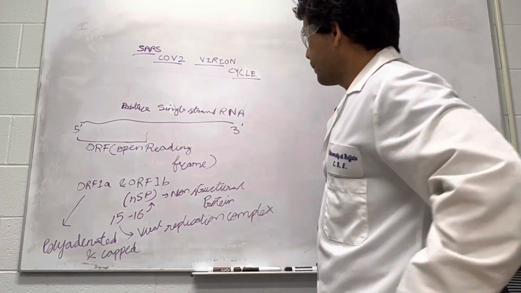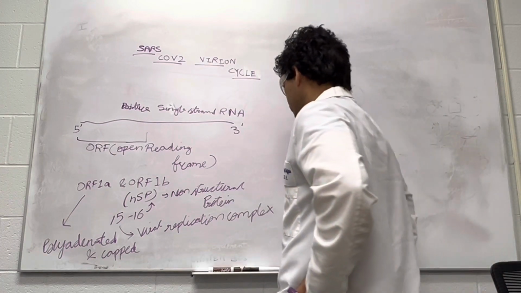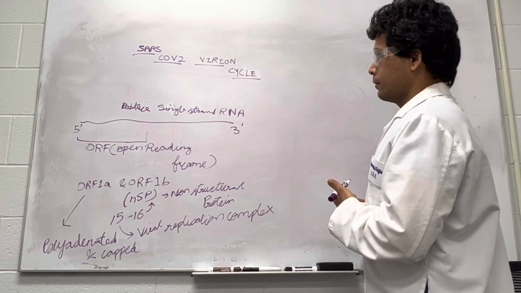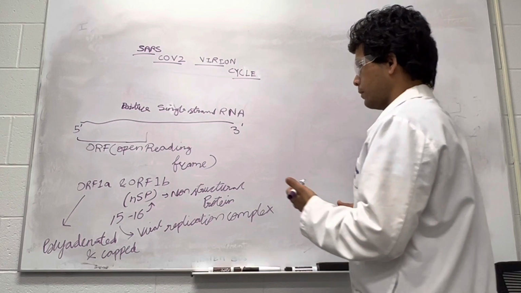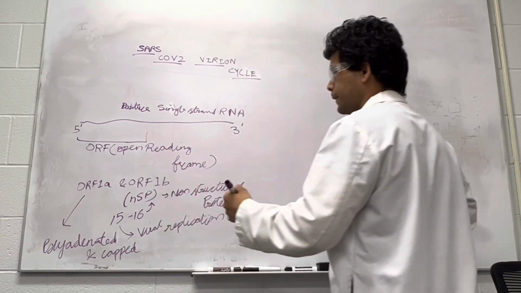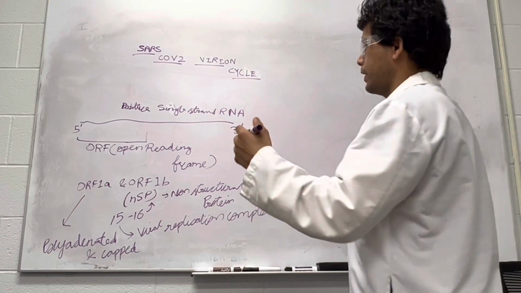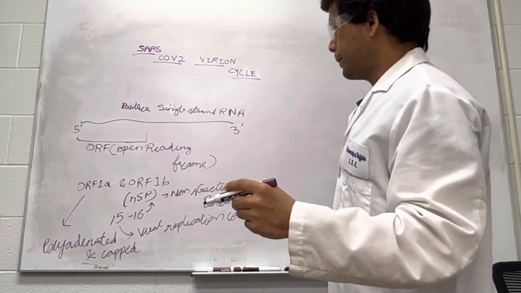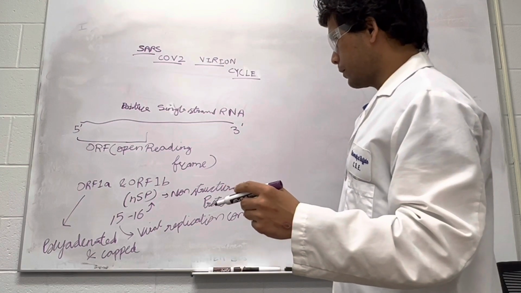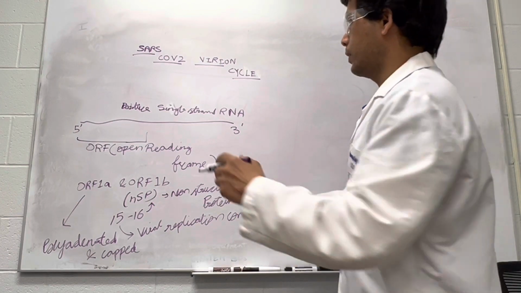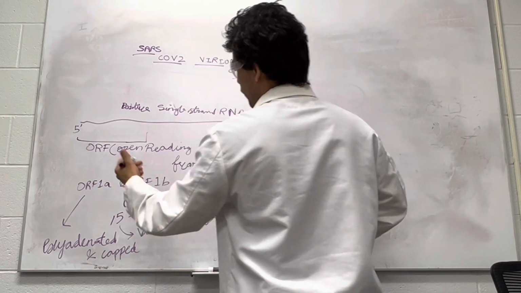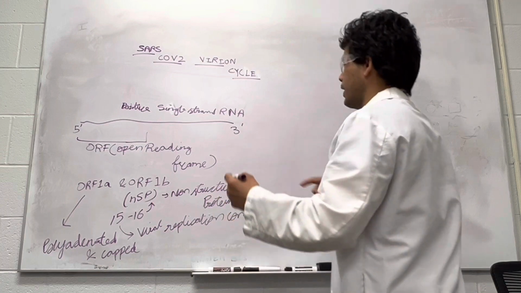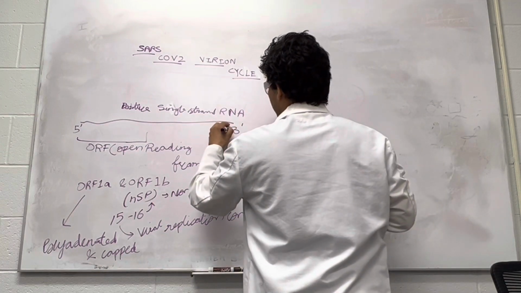Okay, so this is a brief introduction of what is there in open reading frame 1A and 1B, and let us now understand what is there in the 3' end.